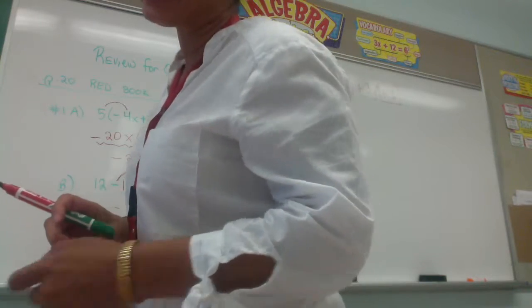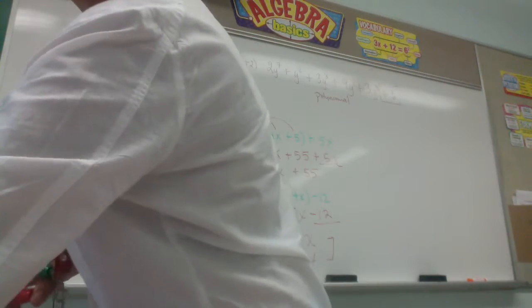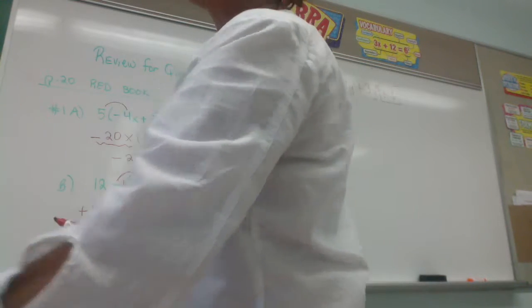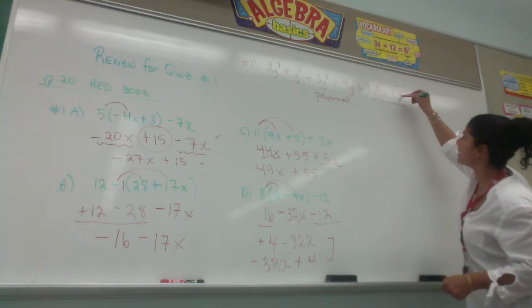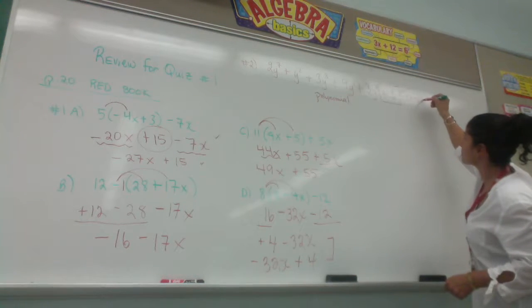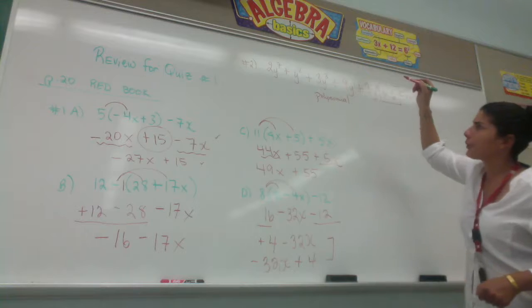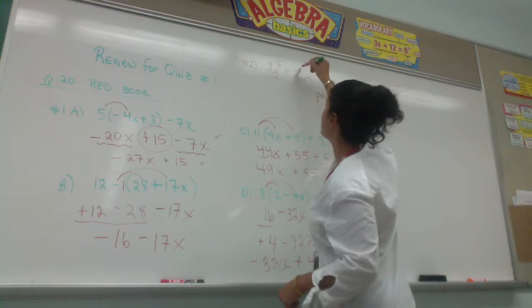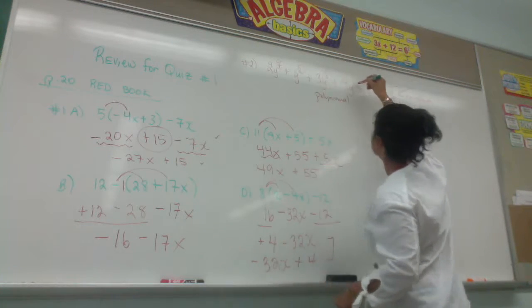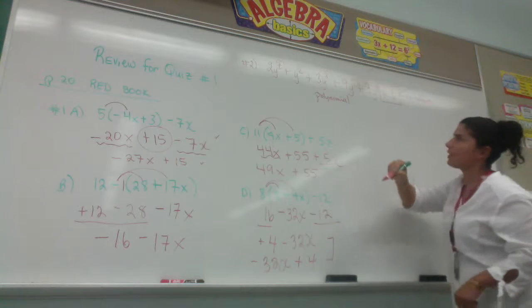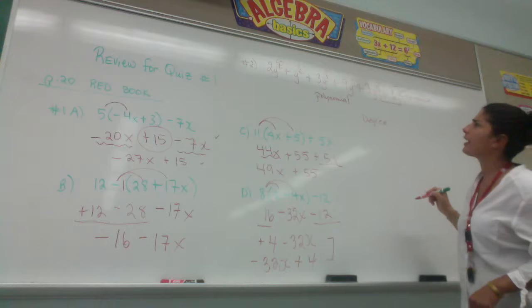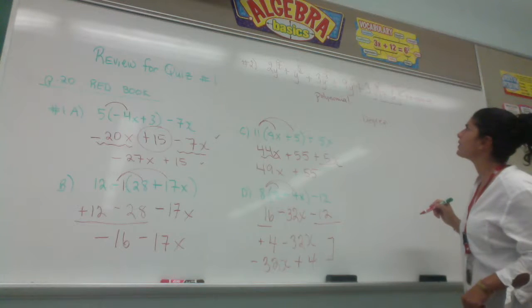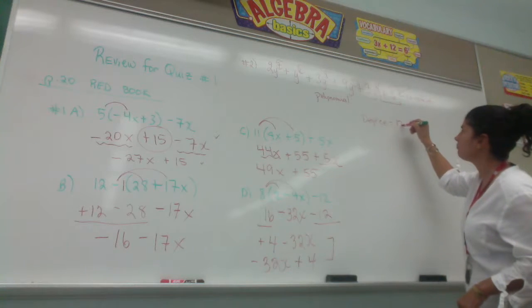Question says, find the terms, name the terms, their degree, their coefficient, and the constant. So it is pretty much everything I said. Here's your constant. Your degree is 7 plus 2 plus 3 plus 1 plus 4. That's your degree. So the degree should equal 7, 8, 9, 10, 11, 12, 13, 14, 15, 16, 17.